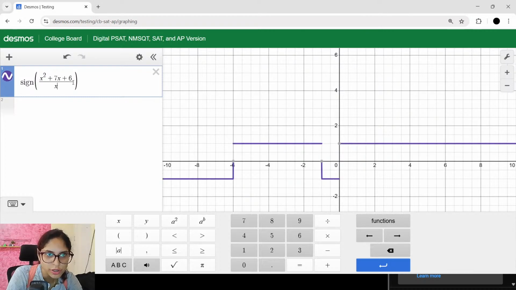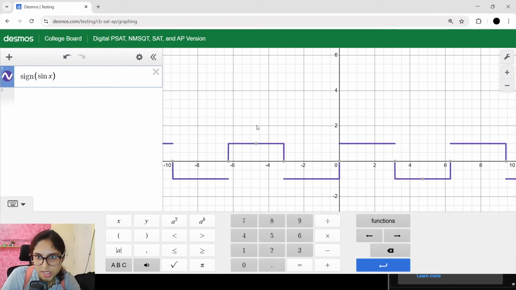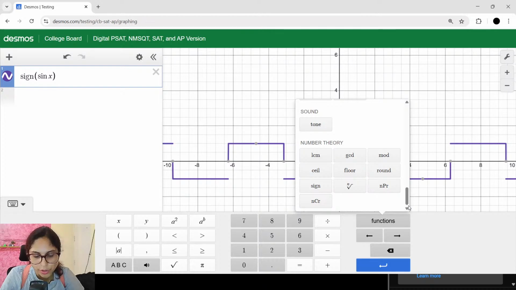And not just polynomial or rational, you can write sin x also. See, positive, negative, it's showing you everything. So that's very important if you want to make the sign chart, and it's very important for your inequalities. So greater than 0, you can see where it's greater than 0, less than 0, you can see where it's less than 0.